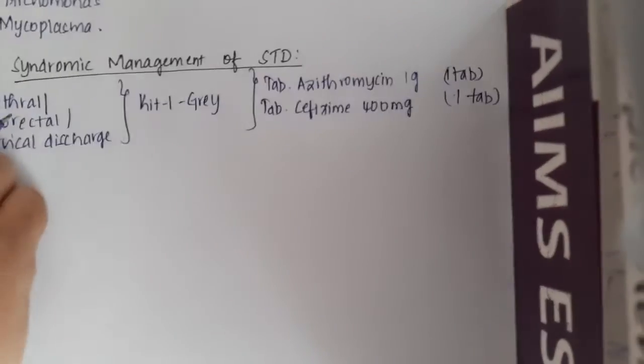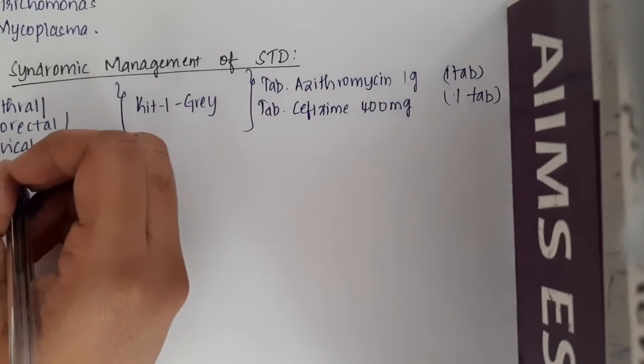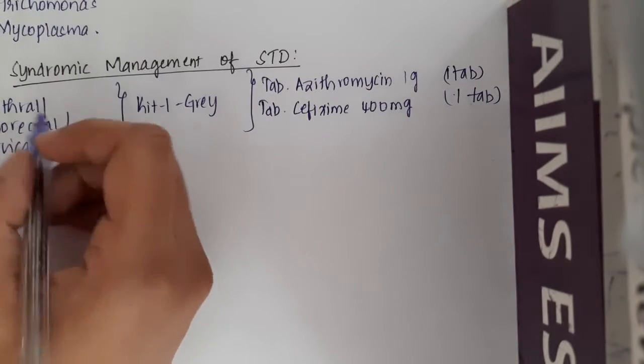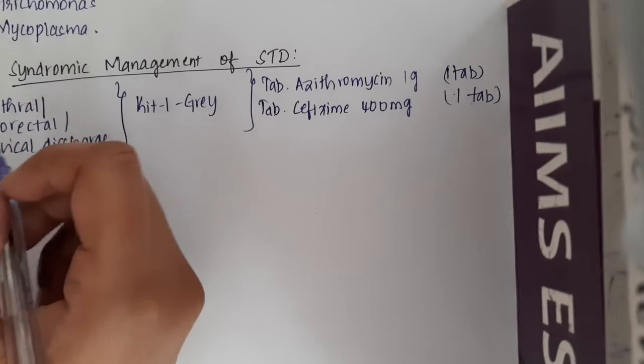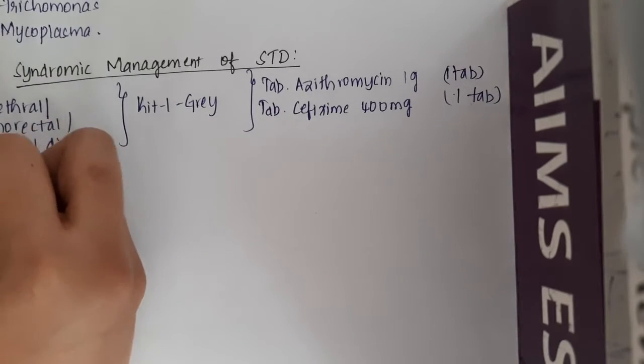Azithromycin 1 gram and tablet cefixime 400 milligrams are given if the patient comes with urethral, anorectal or cervical discharge.